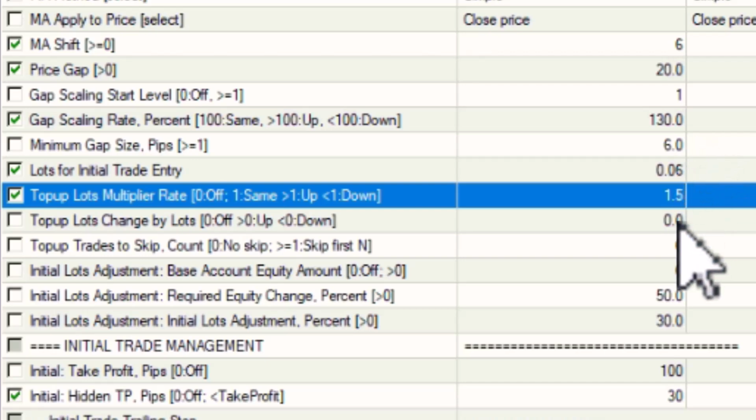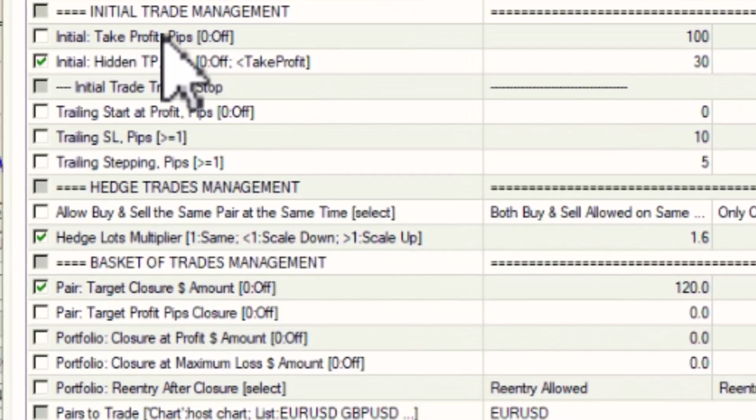Now the next trick is to find settings that are affected by this initial lot size adjustment that we've made. And I'm just going to go through. Multiplier is not affected. That we're not even using. Initial take profit is based on pips. So because it's based on pips, I don't have to worry about adjusting it.